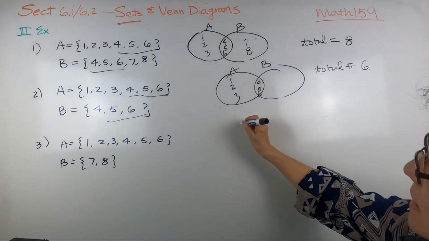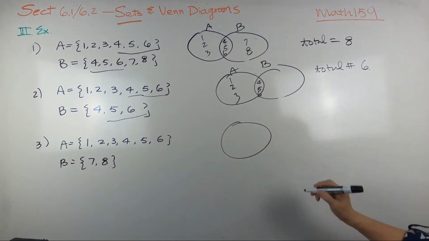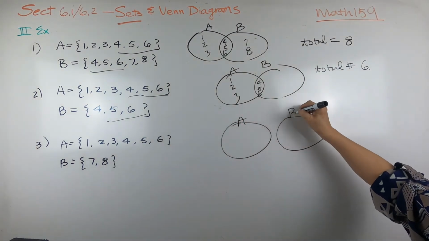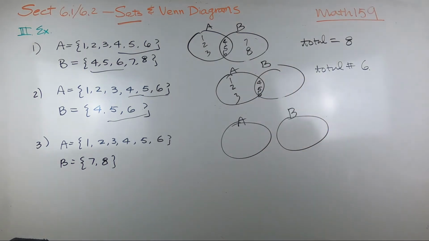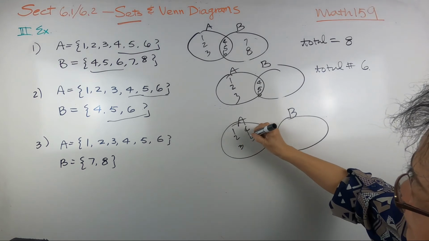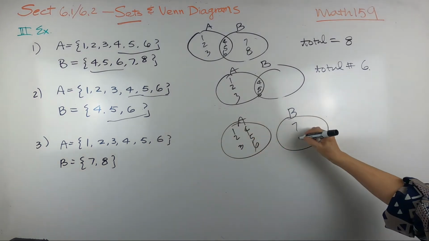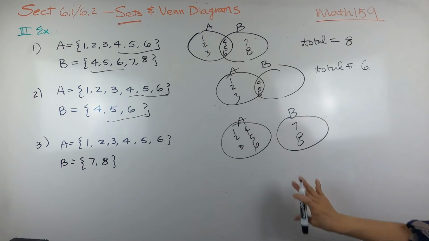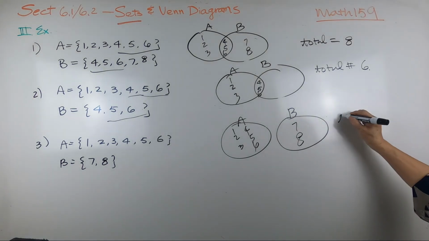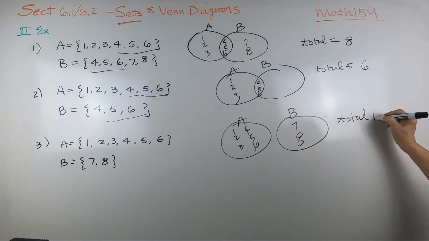Then for example 3, that's C. How should we do that? A and B, oh, they don't have anything in common, so I don't have to put them together. A is 1, 2, 3, 4, 5, 6. B is 7, 8. There is nothing in between, nothing in common. How many total numbers do we have?